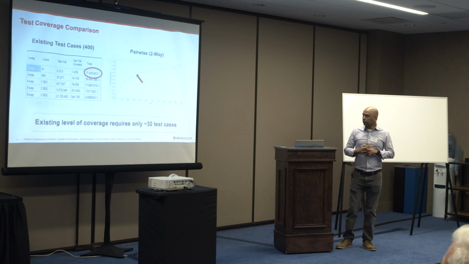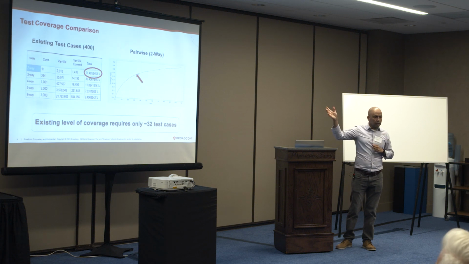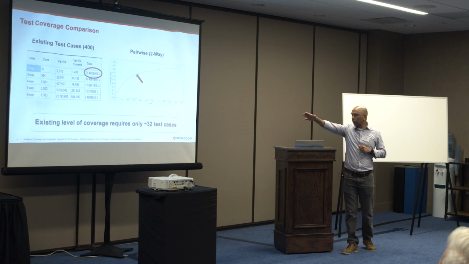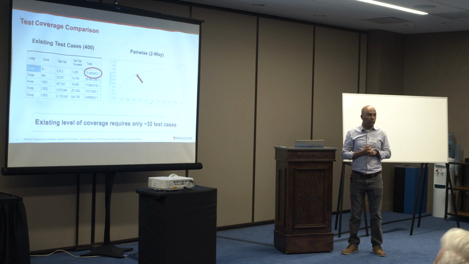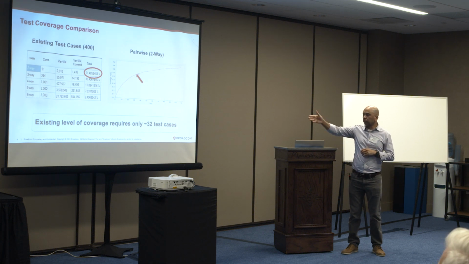So, all right, I said it gives you better test coverage, right? Let me show you what it does. So on the other side, exam test cases, this is one application that had 400 test cases that were written manually and automated, right? And what I did is I parameterized them and plugged them into a tool that actually measures your coverage, and it spits out different levels.